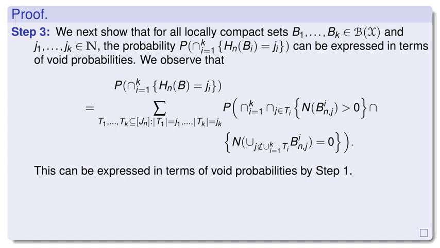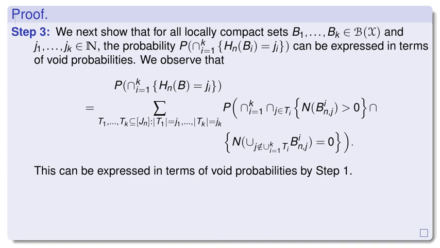Step 3. Next, we need to show that for all locally compact sets B1 through Bk in script B of script X and for any natural numbers J1 through Jk, the probability of the event Hn of Bi equals Ji for all i from 1 to k simultaneously can be expressed in terms of void probabilities.